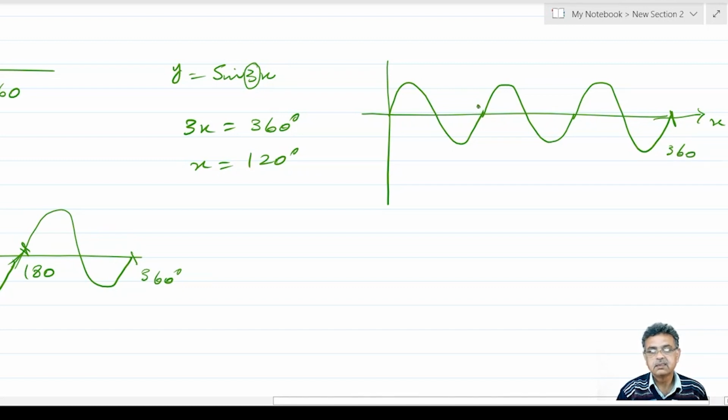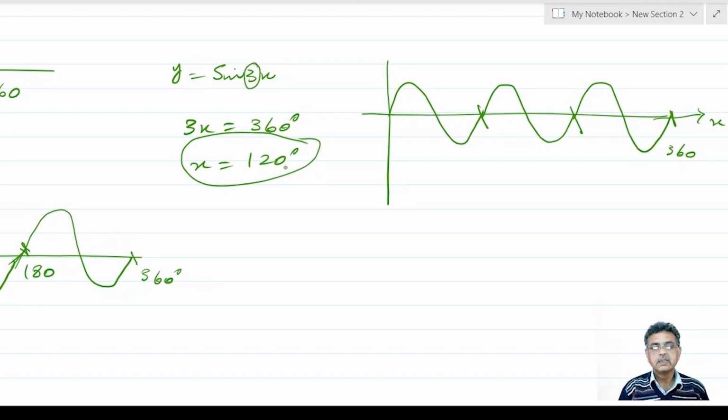So each cycle is completed in 120 degrees: 120, 2s are 240, 3s are 360. So the frequency of the graph is 3 in 360 degrees. This is the frequency. And if you want to tell the period of this graph, that is 360 divided by 3, which is 120. So this is the way we decide the period of a graph.